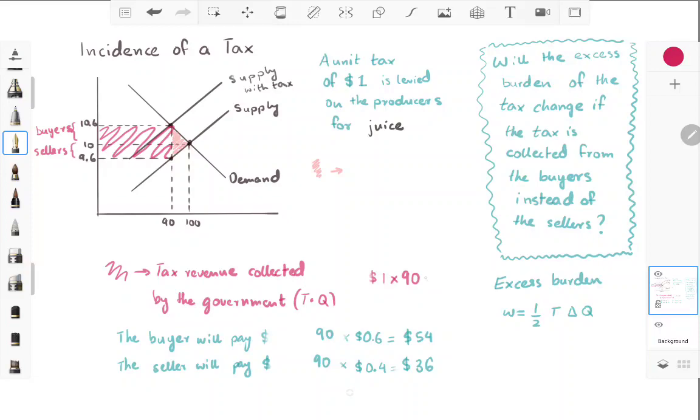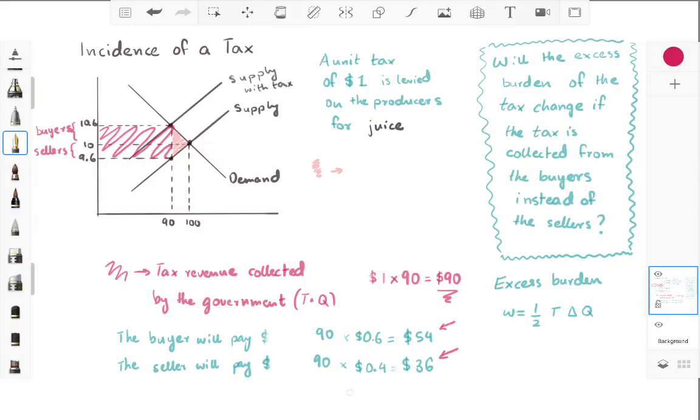And so this will equal $90. So the total amount is $90. The buyers will pay $54, while the sellers will pay $36 in total.